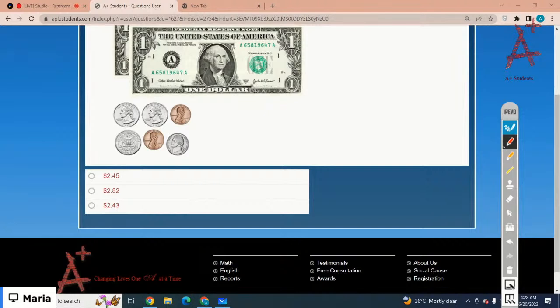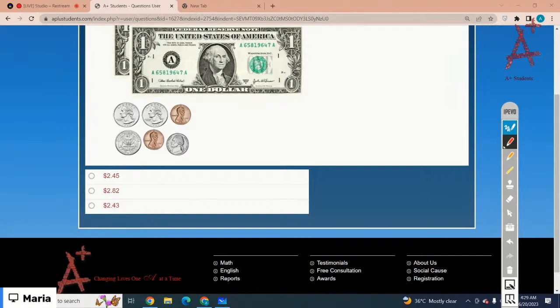Then you have to count the coins. Okay, so we have two bills.